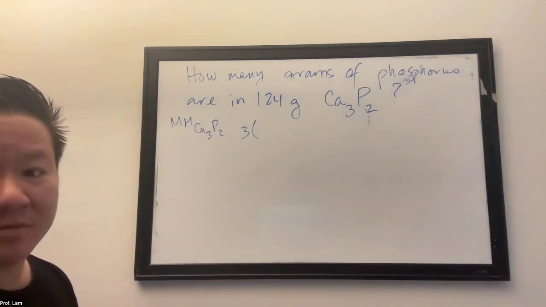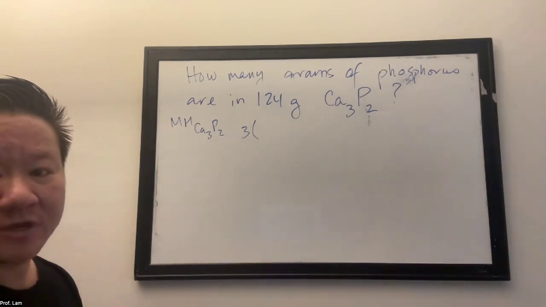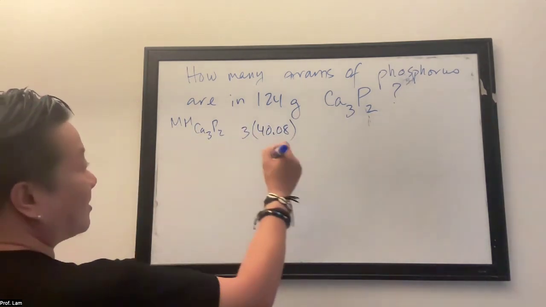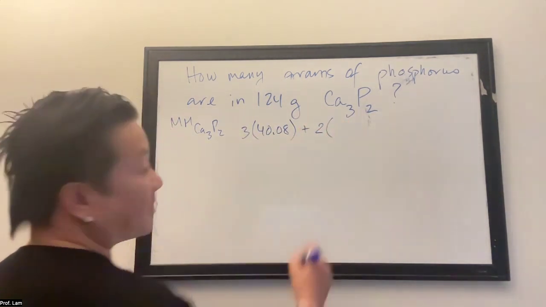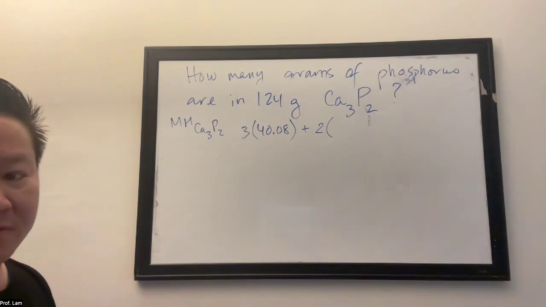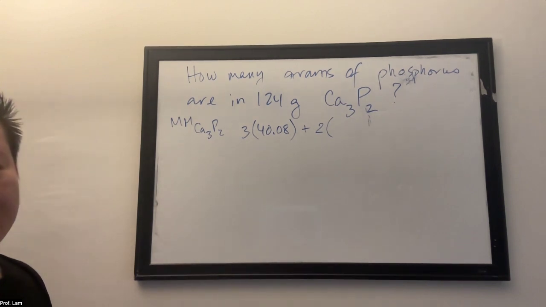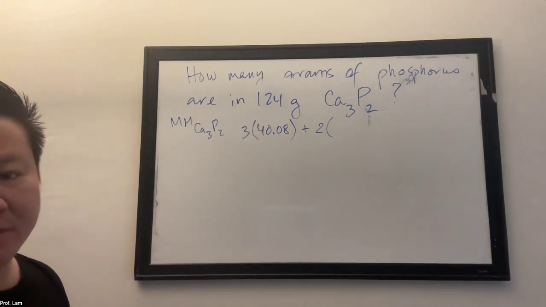Calcium's molar mass is 40.08, and we've got 3 of them, right? So that's why I'm multiplying. And then plus 2 times the phosphorus molar mass, which is 30.97.